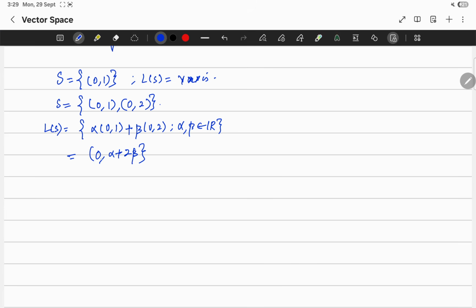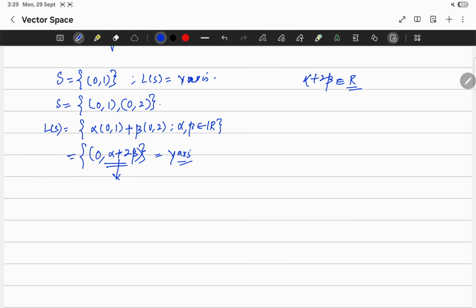These are the points on the y-axis, and alpha plus 2 beta can be any real number R. So again, that is the y-axis.